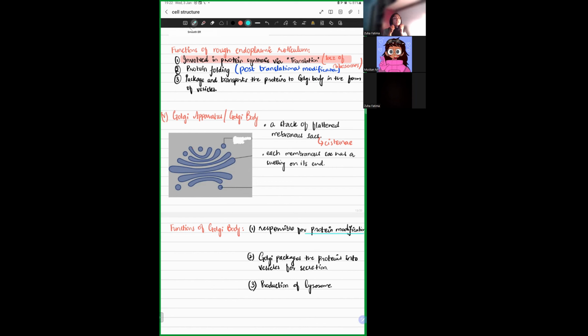We were basically folding polypeptide chains into a protein, because protein is a macromolecule, and we know that a macromolecule or a larger molecule is made up of smaller units, smaller sections. So our proteins are made up of multiple polypeptide chains. So in post-translational modification, we were just folding those polypeptide chains into a protein.